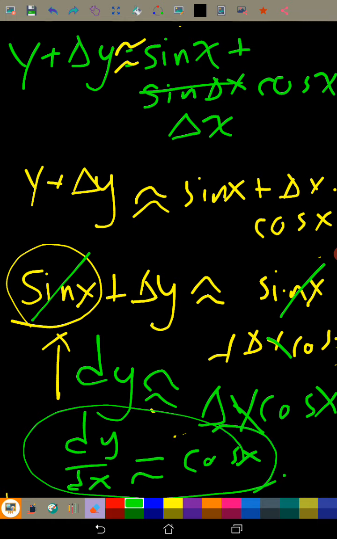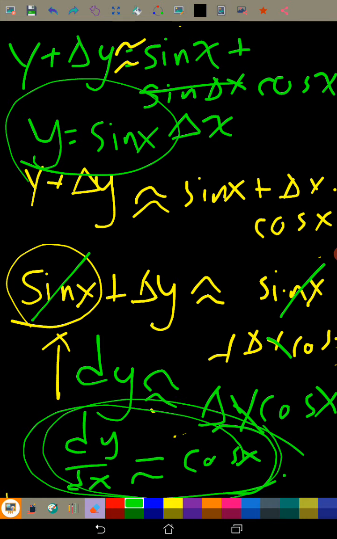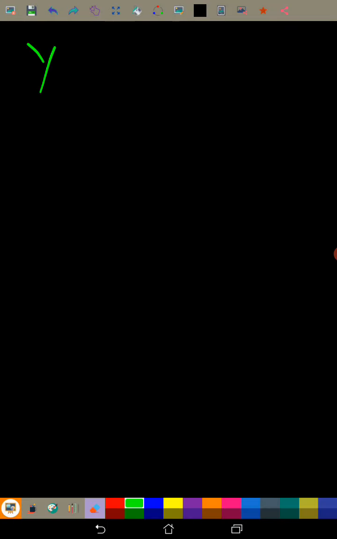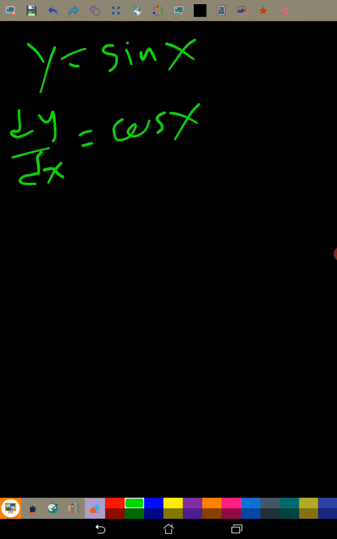So what we just did is the differentiation of y is equal to sine x. We did the dy by dx, we got cos x. So guys, if you have y is equal to sine x, dy by dx is equal to cos x.